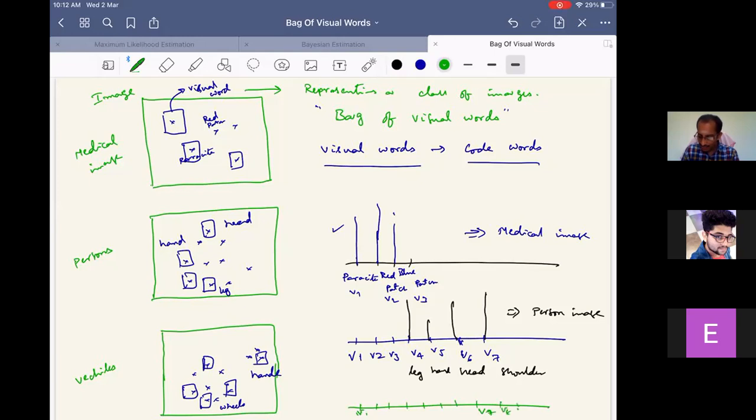Frequency for V8, V9, V10 may be high, which may be, for example, wheels, handles, and then car parts or whatever, and so on. This implies this is a vehicle. I hope you got the point.